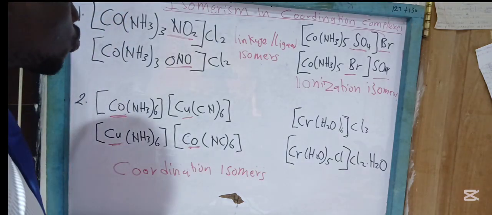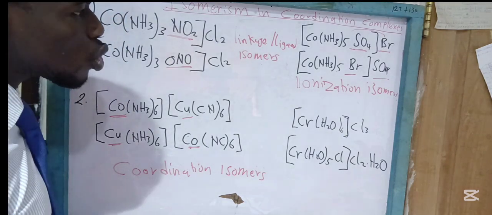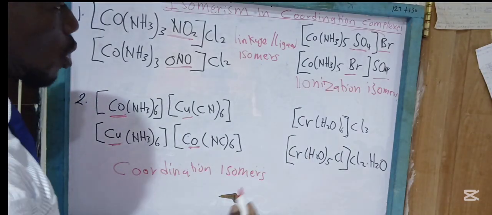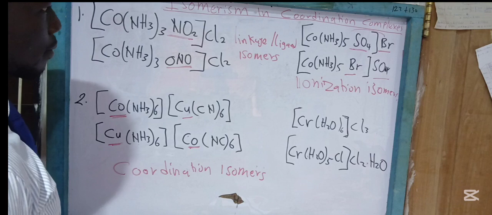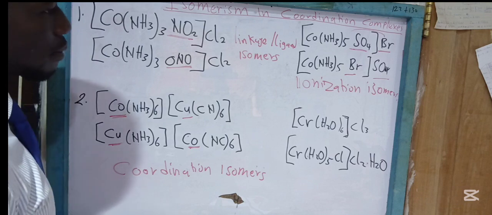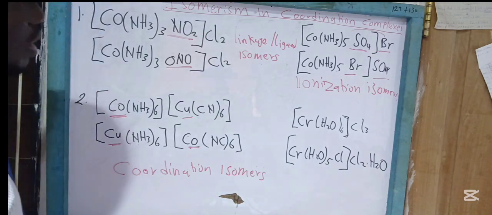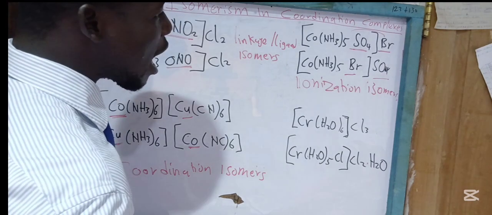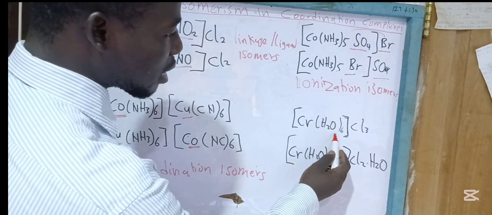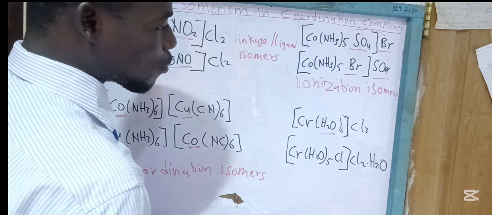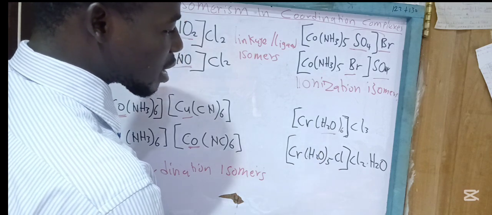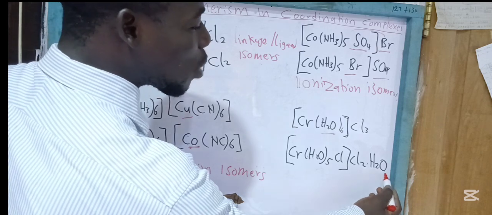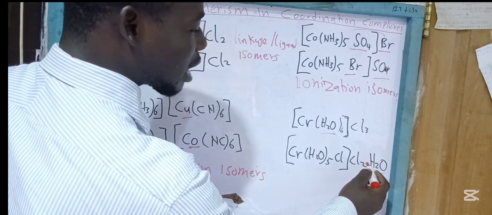So let's look at this. What are you seeing here? We have water as a ligand in the first complex, and in the second complex we have water as a ligand and water as a water of crystallization.